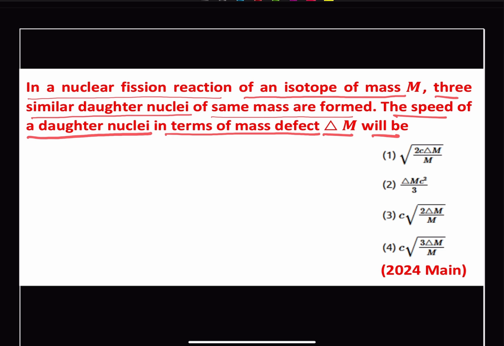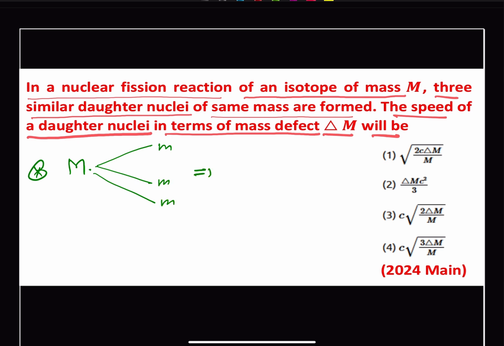So we are given that we have a mass capital M and it goes into fission, producing three daughter nuclei, and each daughter nucleus has the same mass. So this will be m, m as well as m.